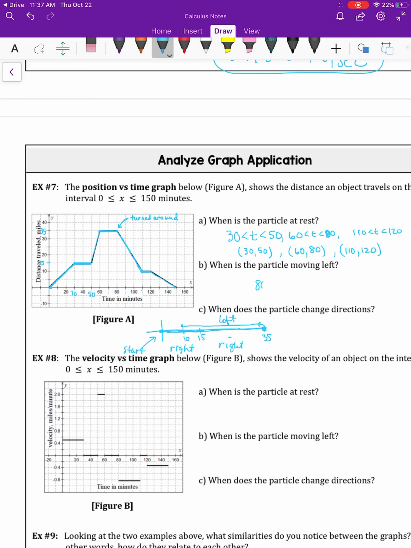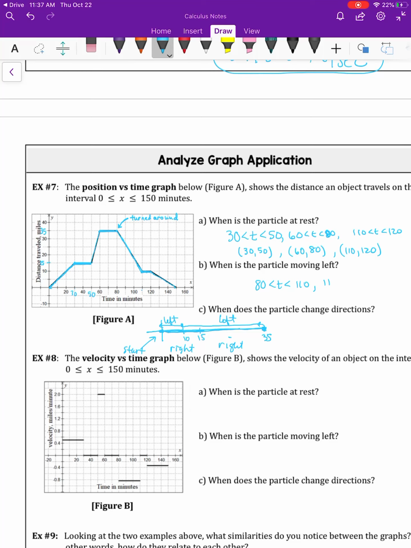So the particle is moving left from 80 to 110. And then it stays there for a minute, and then it starts moving left again, and then it's back home.